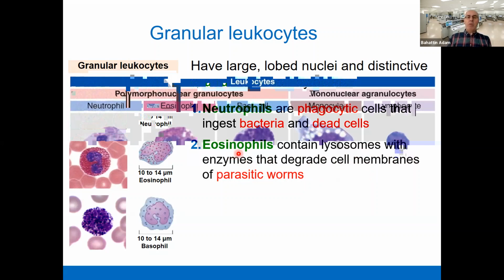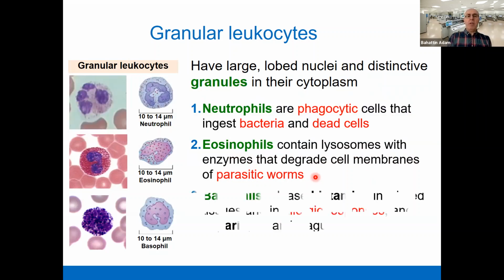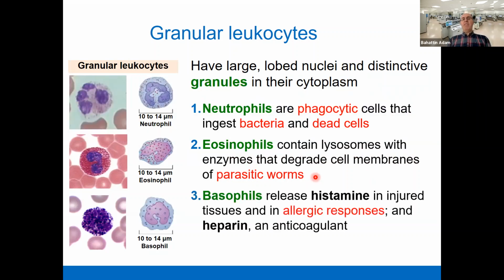Eosinophils are related to parasitic infections, and basophils release histamine in injured tissue and in allergic responses. Their granules also contain heparin and heparin-like substances. You know, heparin is an anticoagulant, right? And these are related to allergic responses.